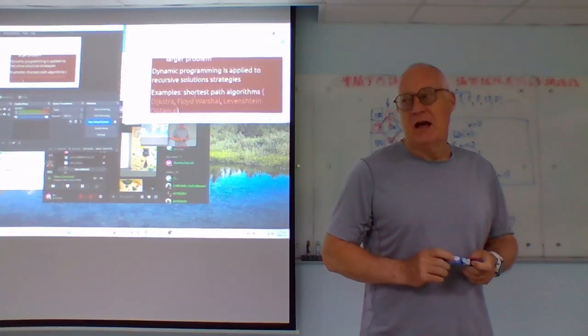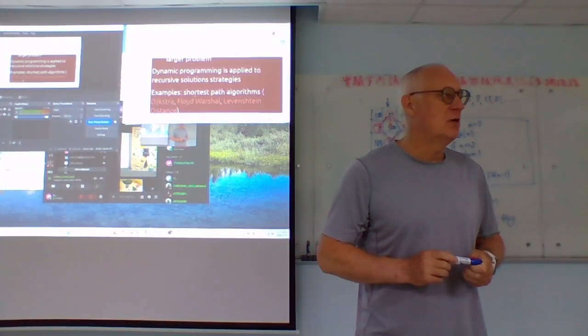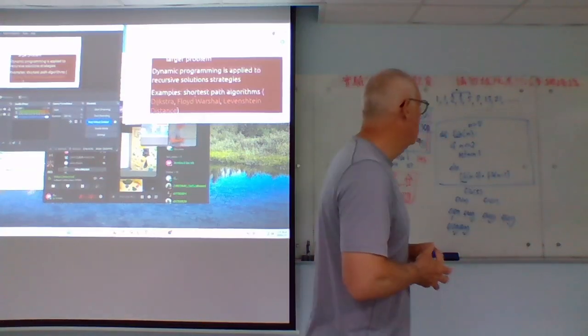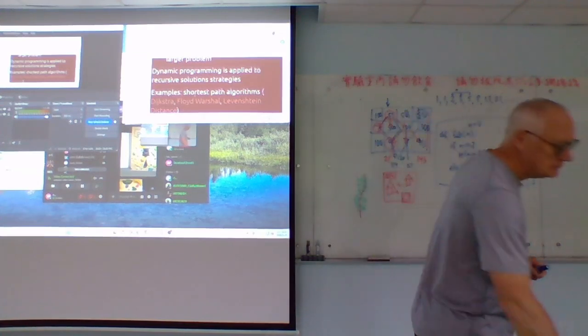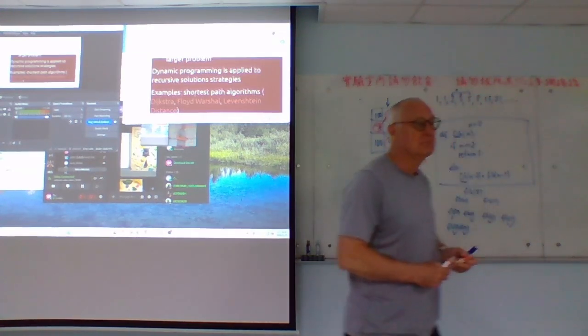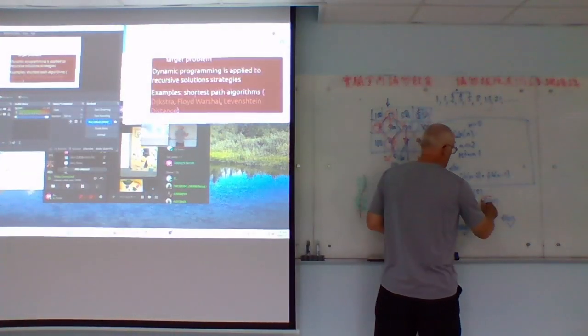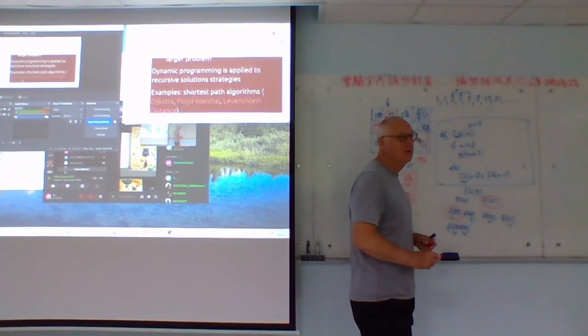By looking at this recursive algorithm, however, it's easy to see the structure of the problem and the amount of extra work that we're doing. Because which parts are repeated? Well, here I calculate Fibonacci of 3. Here I calculate it again, right?